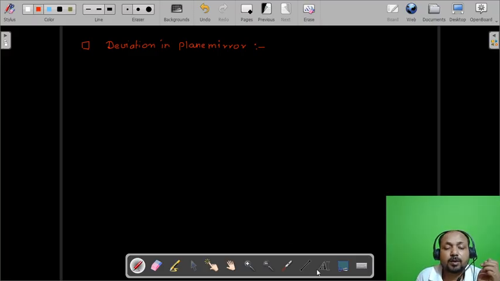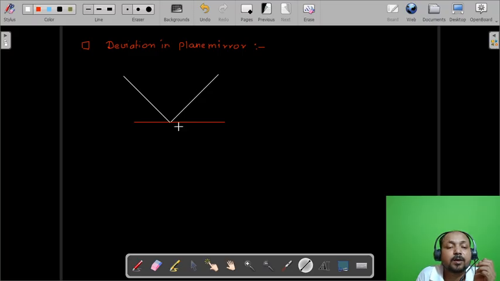Means, let's say it is a plane mirror and an incident ray is incident and then reflected. It is the incident ray, it is the reflected ray. So the angle through which this incident ray has deflected from its path, let's say we extend this path.